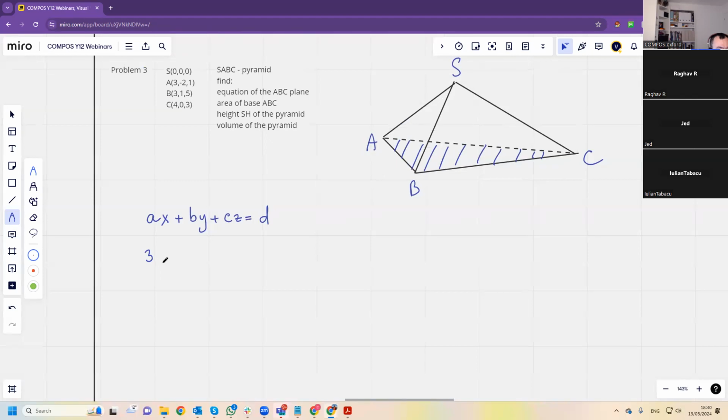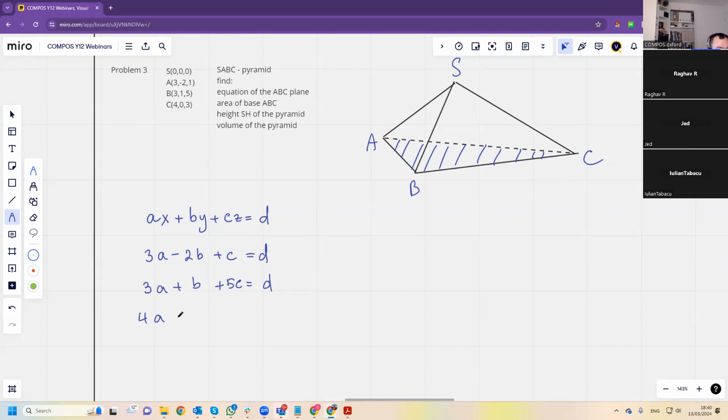So 3a minus 2b plus c equals d. Second one, we have 3a plus b plus 5c equals d.